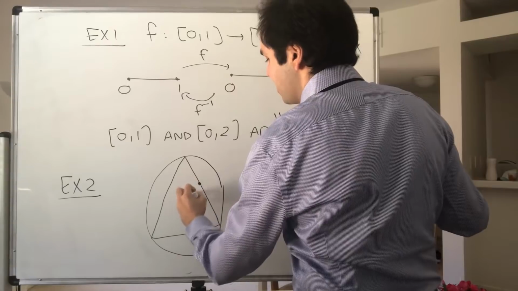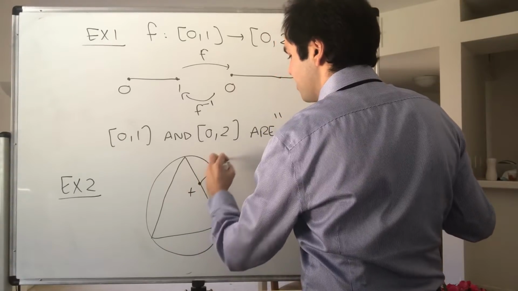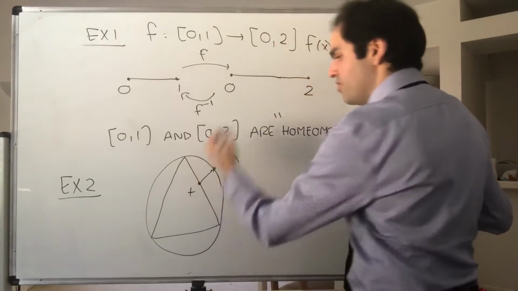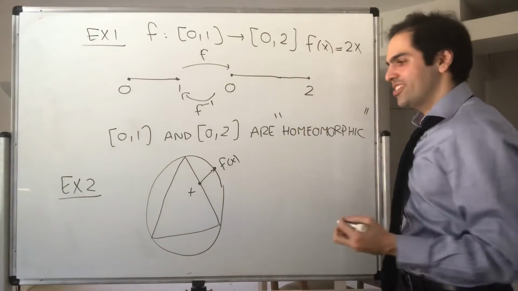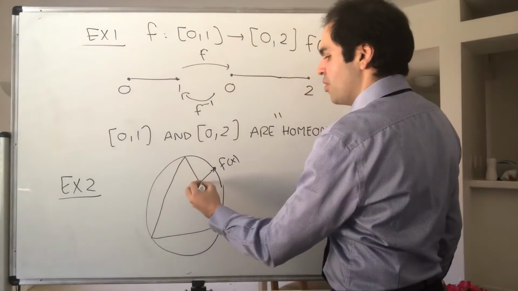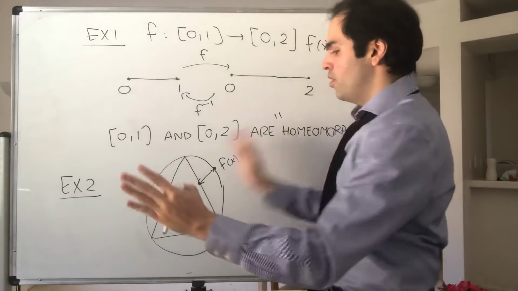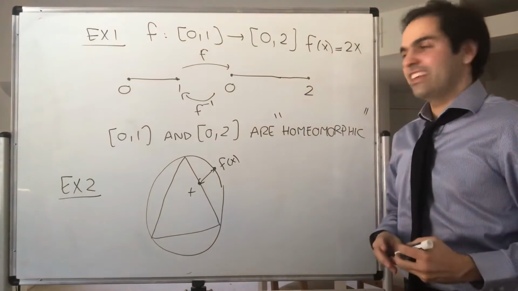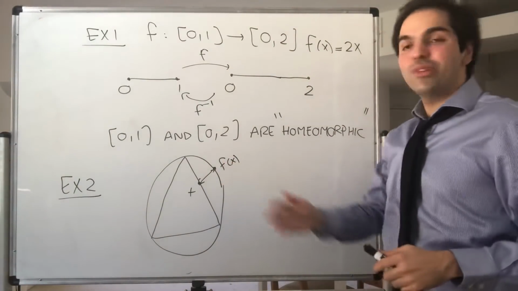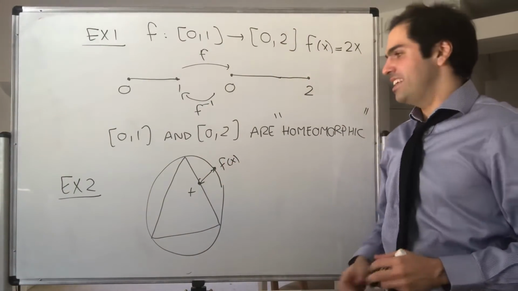If you take x, then f of x is just an orthogonal projection on that circle. Going from x to f of x is continuous, and compressing the circle to get the triangle is also continuous.